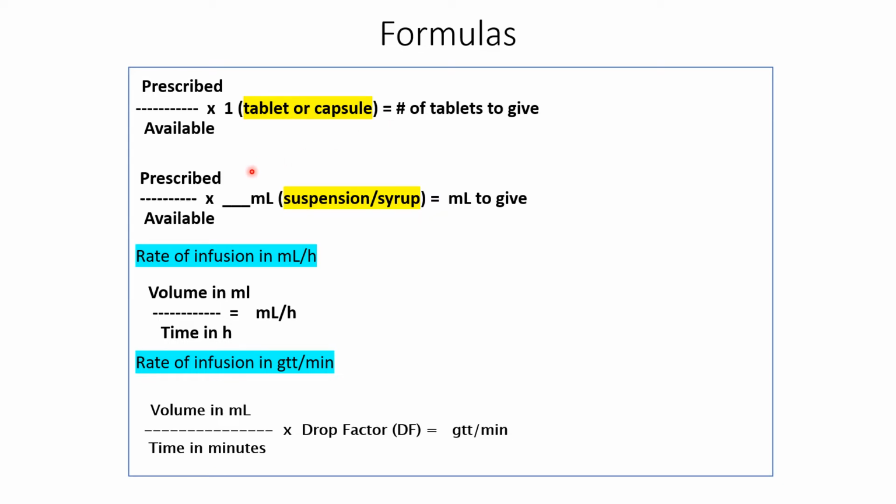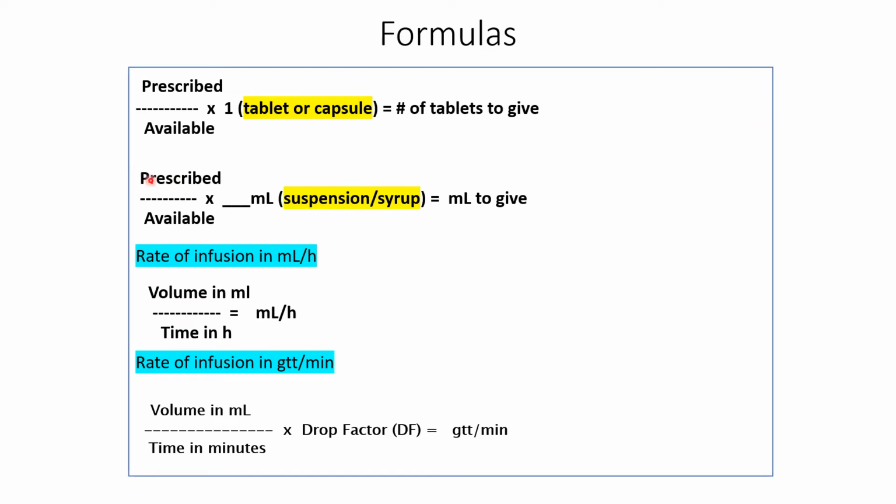But when the medication is liquid, you need to find the concentration of the medication. So for example, Tylenol comes in 250 milligrams per each 5 milliliters, not 1 milliliter, 5 milliliters. And where do you find that? In the labels of the medication.